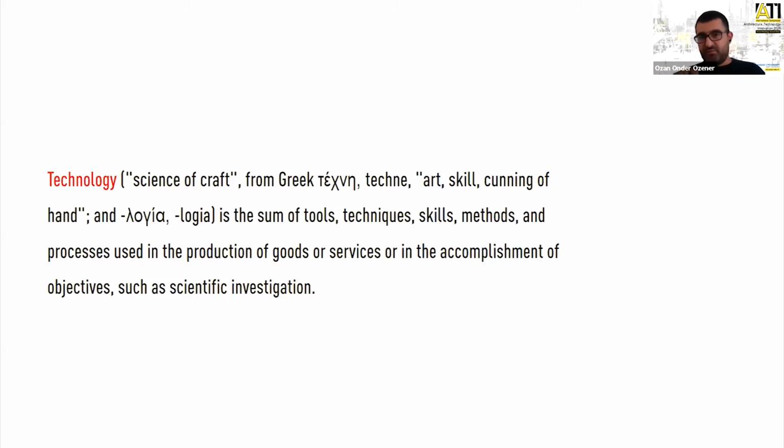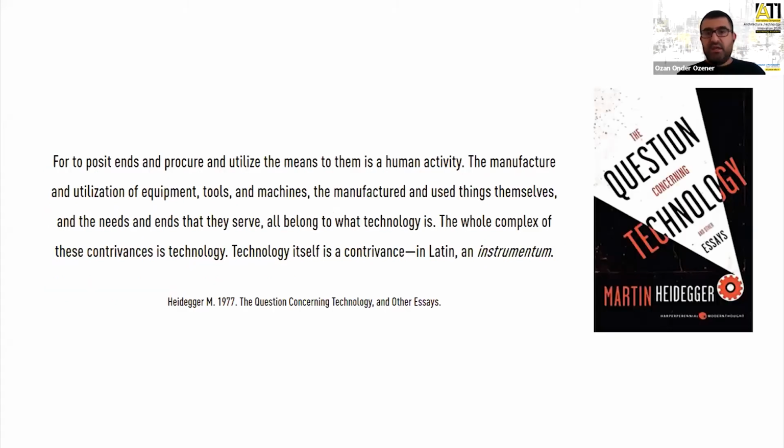So putting this dictionary definition aside, I would like to look at Martin Heidegger's understanding of technology and his ontological standpoint on what technology is all about. According to Heidegger, it's not only an instrumental thing, it's more of a human activity.